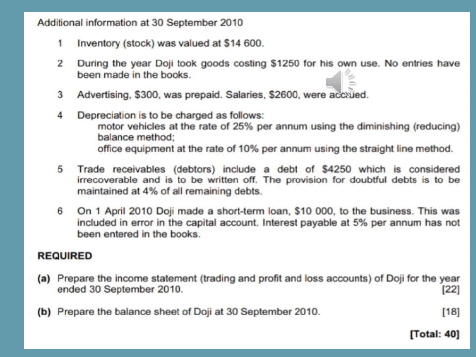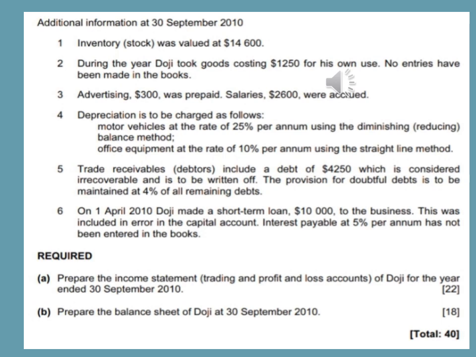Third says advertising $300 was prepaid, salaries $2,600 were accrued. Now what is this? Prepaid advertisement, that is 300. Prepaid expense is the expense that is paid for the coming period. It is not a part of this period, so it has to be subtracted from the amount of advertising expense given in the list of balances, because this 300 is already included in the list of balances.